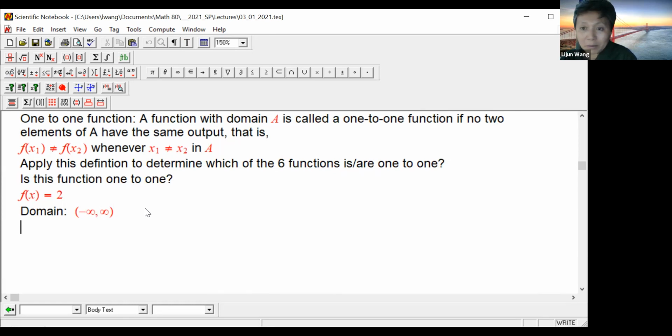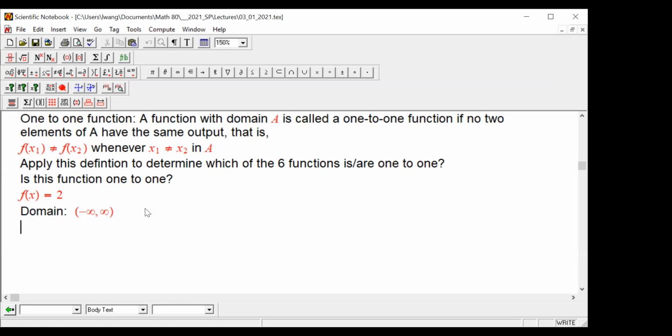And there are infinite numbers in the domain. Therefore, you can always find 2 different inputs that have the same output. So it violates the definition of one-to-one function, right? Do you hear the logic? Yes or no? Yes.